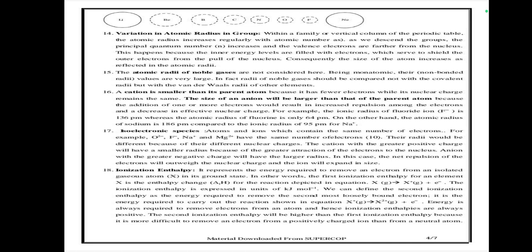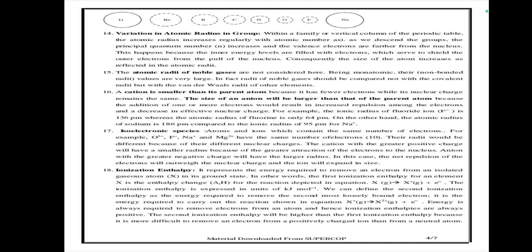The cation with the greater positive charge will have a smaller radius because of the greater attraction of the electrons to the nucleus. The anion with the greater negative charge will have the larger radius.